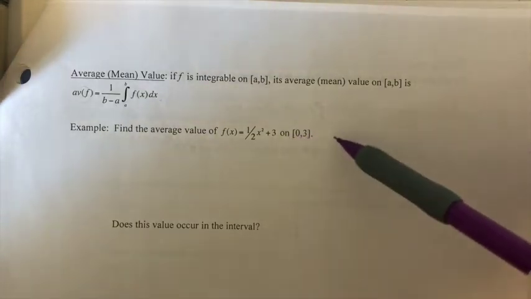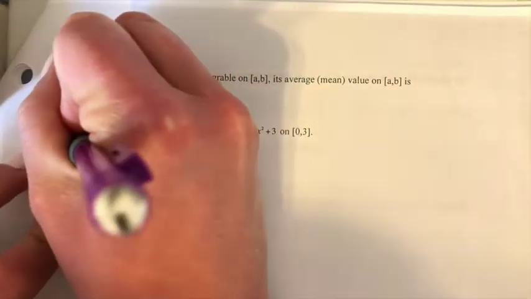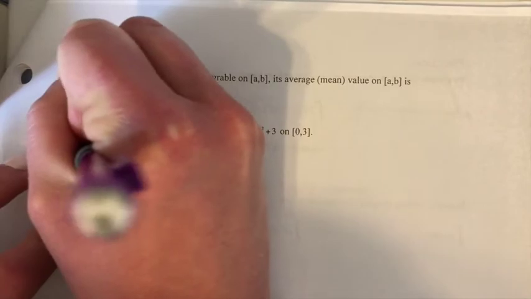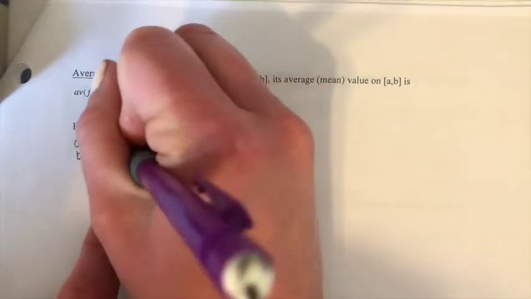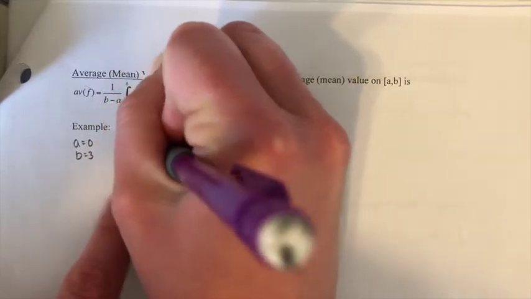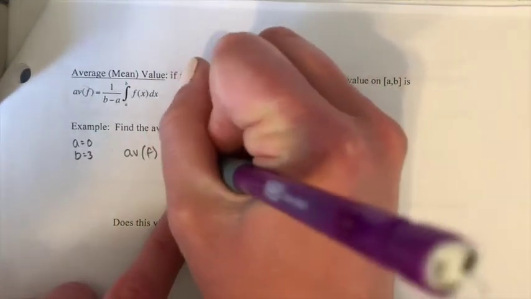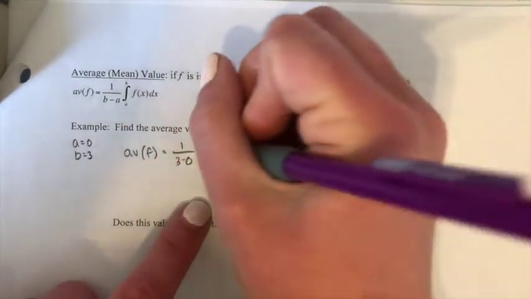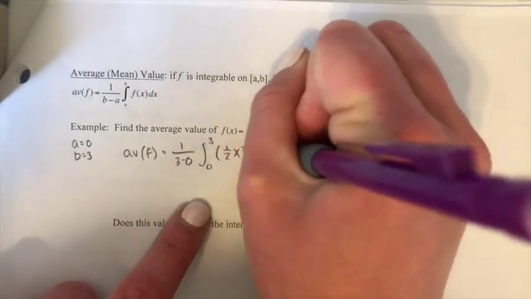in this domain 0 to 3, a is 0, b is 3. That's our first thing that we need to identify. And then the average of the function is 1 over, it's always going to be b minus a, so 3 minus 0 in this case, times the integral from a to b of 1/2 x squared plus 3 dx.